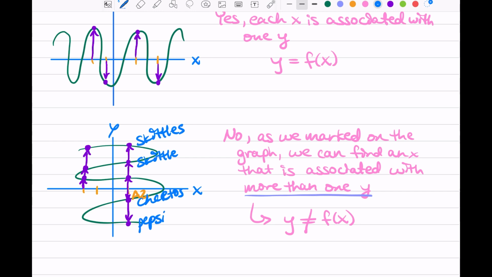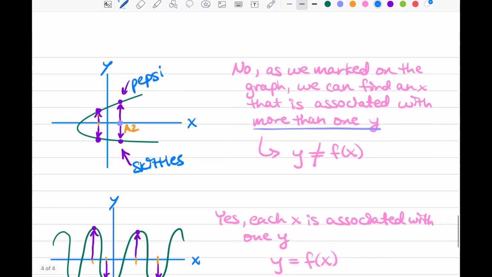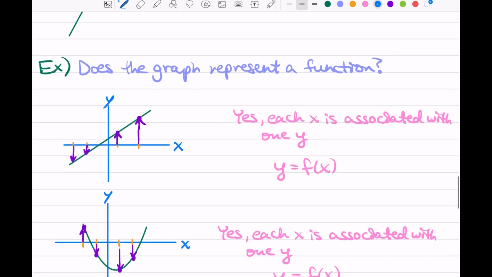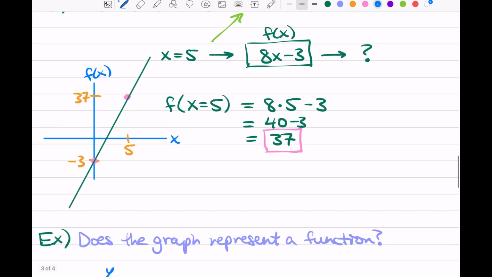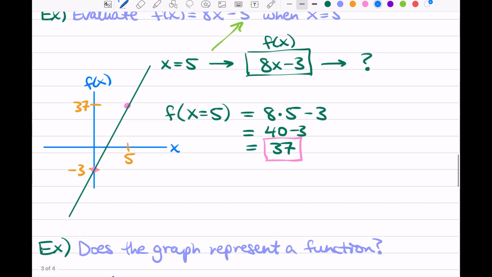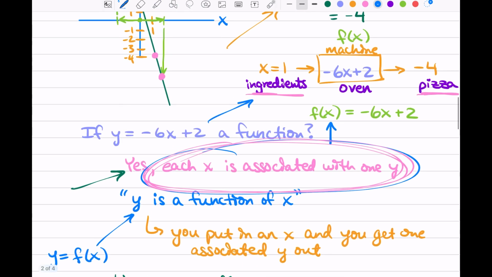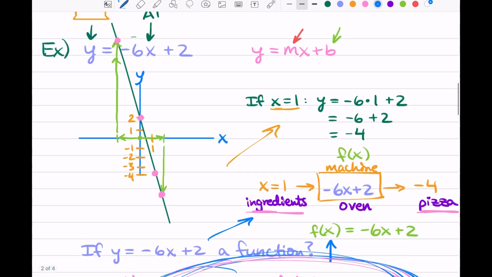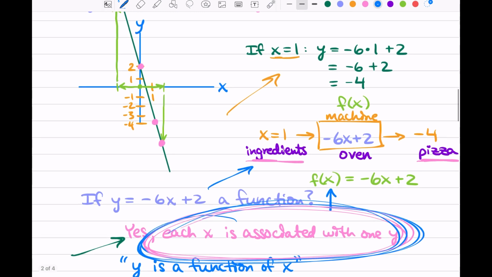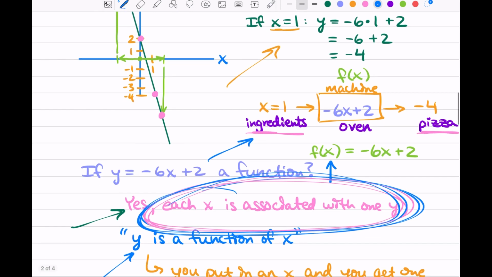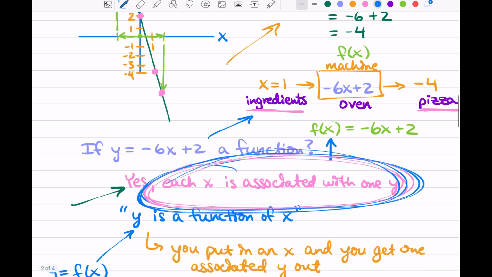So that's the idea. There was a lot of information in our video here today. We did several examples. We worked through what a function is, just saying you put something in and you get one associated thing out. Or in the idea of Algebra 1, each X is associated with one Y. So I encourage you to review, especially this example here, with our oven, our ingredients going into the oven, popping out a pizza.